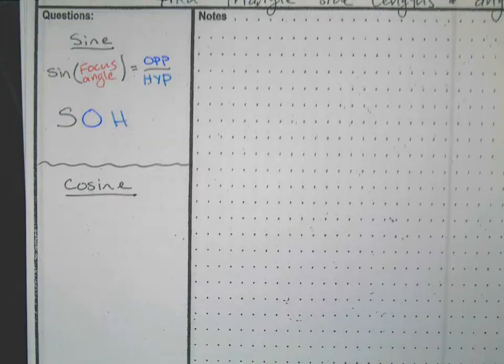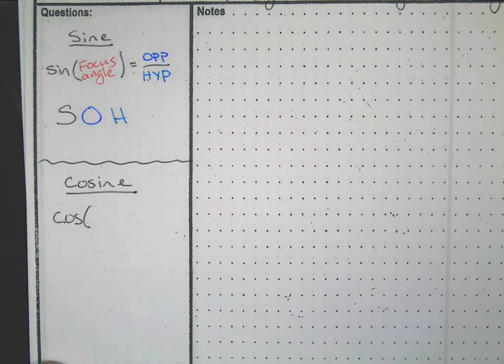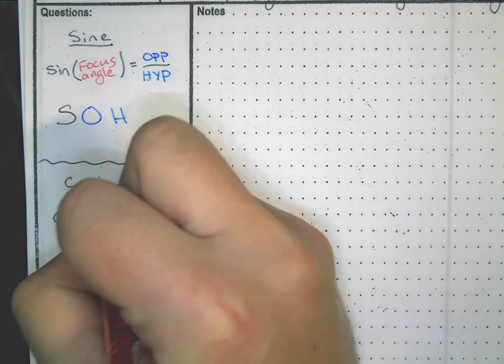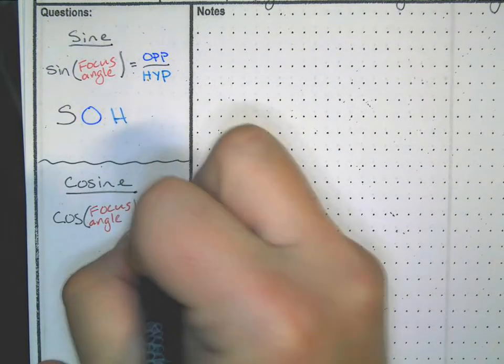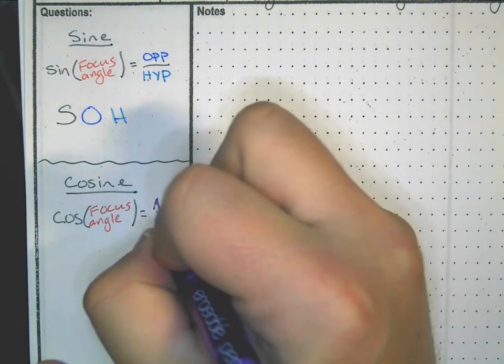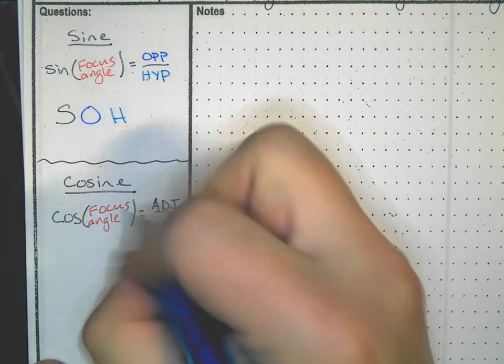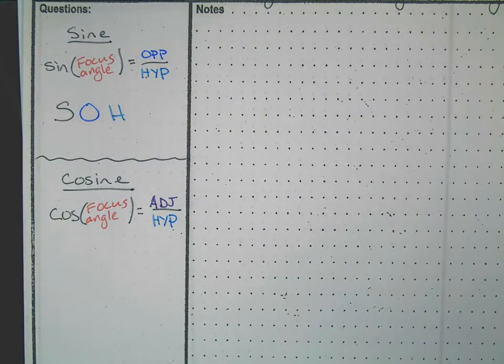Now for today's, we're going to do cosine. So for cosine, we'll say COS, cosine of our focus angle, and this will be equal to our adjacent over hypotenuse, like so.